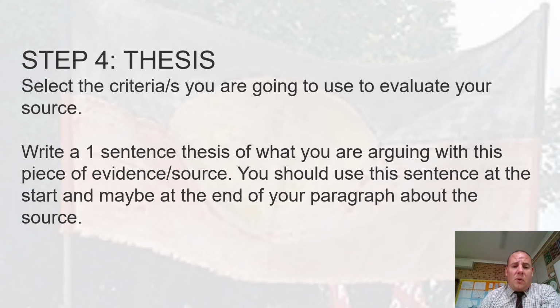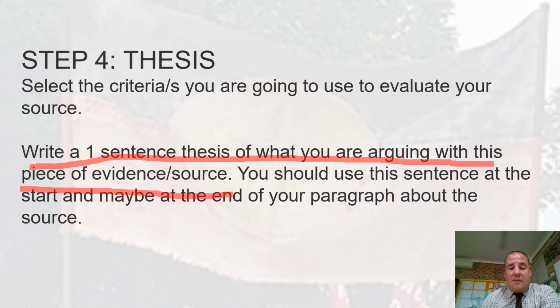And then step 4, a thesis. You've got to select the criteria you're going to use to evaluate your source. The first thing you've got to do is write a sentence thesis of what you're arguing with this piece of evidence or source. You should use this sentence as the start and maybe at the end of your paragraph about the source.